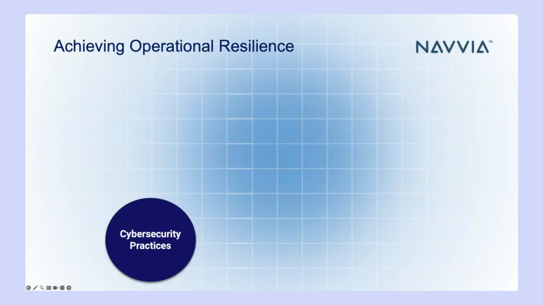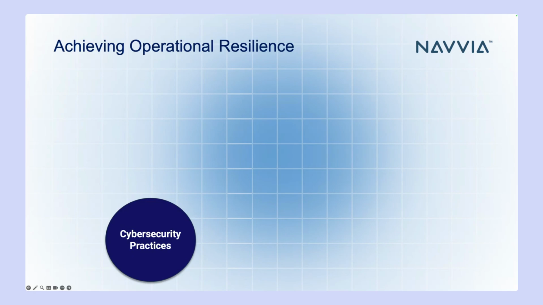So again, it all starts with a foundation of cybersecurity practices. Those can be informed by your NIST. I know I'm repeating this, but it's a very important point. You have to understand what practices you need to put in place from a cybersecurity perspective. A lot of times, especially in smaller organizations, they limit their cybersecurity to technology.